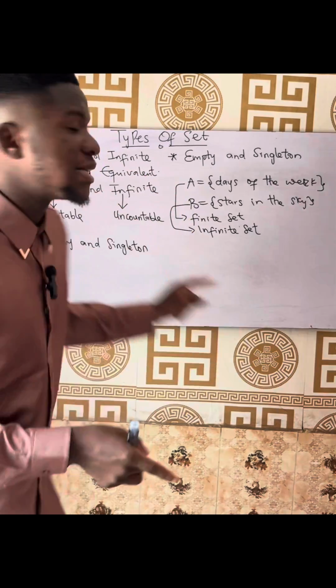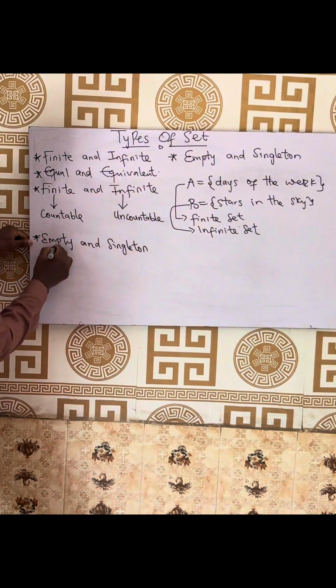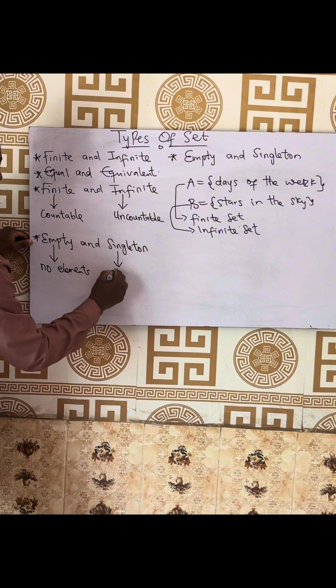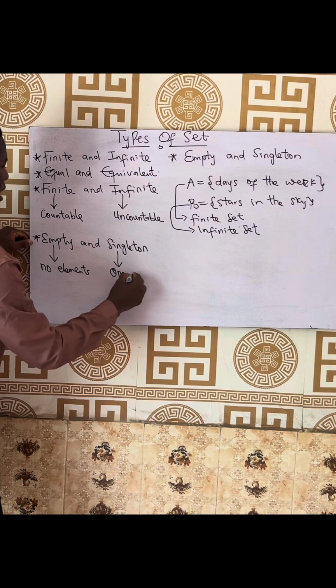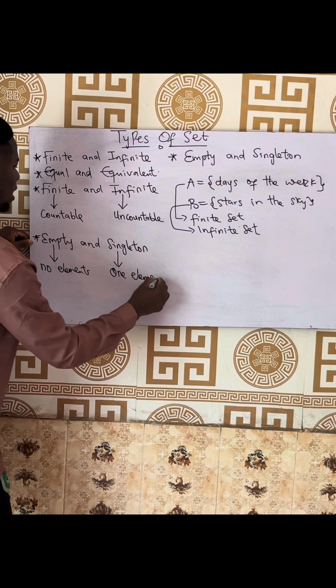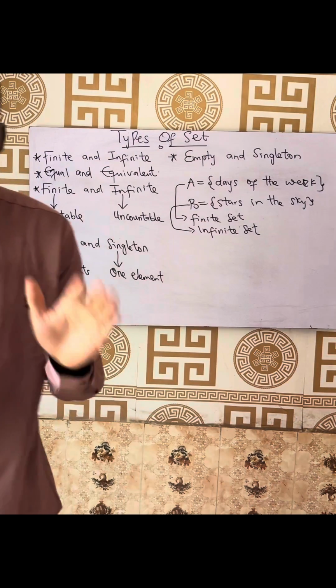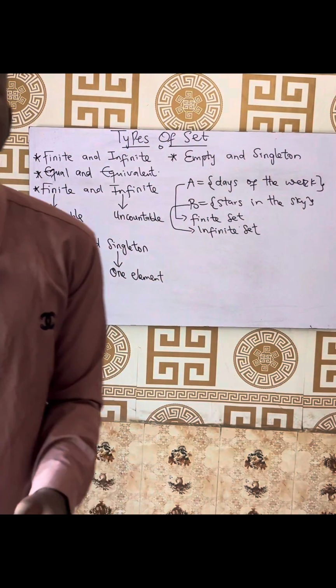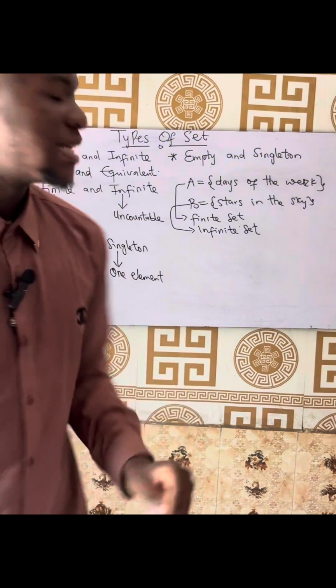So this simply means that an empty set has no elements. An empty set will have no element, while a singleton set will have one element. So a set that has no element in it is referred to as what? Empty set. But a set that has only one element in it is referred to as what?